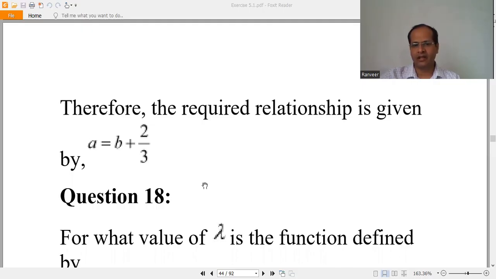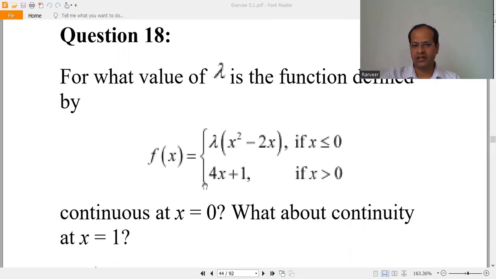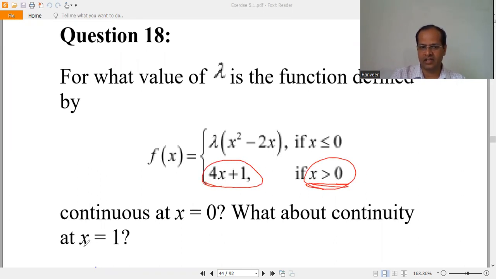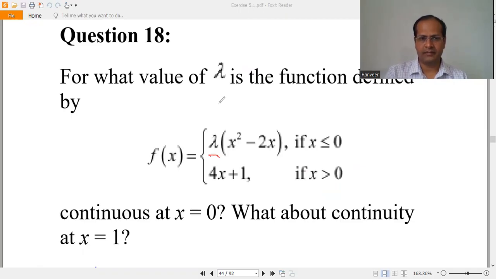Find the value of lambda, the given function, continuous at x equal to 0. What about continuity at x equal to 1? Definitely there is only a single definition at x equal to 1. This is greater than 0, so this value we will take for this, and this is continuous. Now if it is continuous at x equal to 0, then we have to find out the value of lambda.